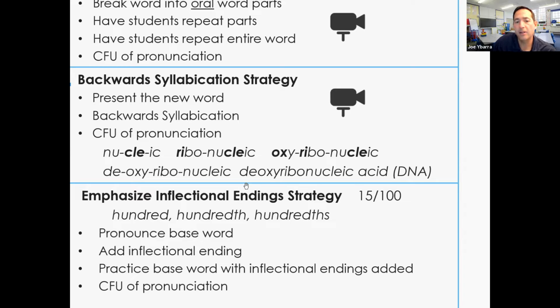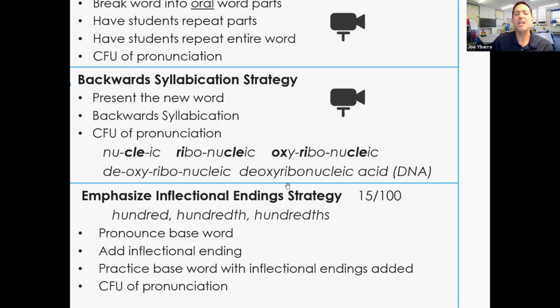It'll look something like this: deoxyribonucleic acid. Did you have that experience? You decode the first few syllables with confidence, but if there are more and more syllables, you lose that confidence and start tapering off.